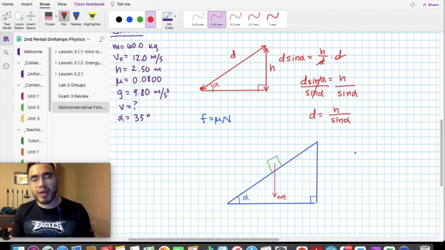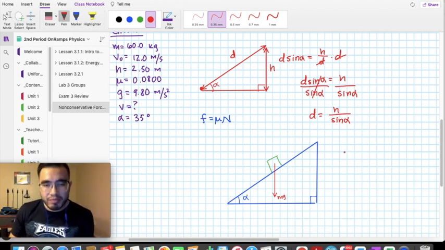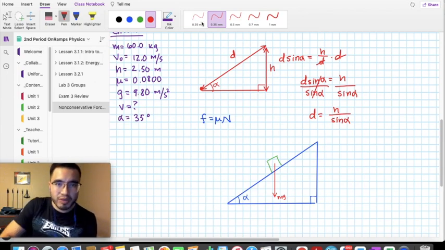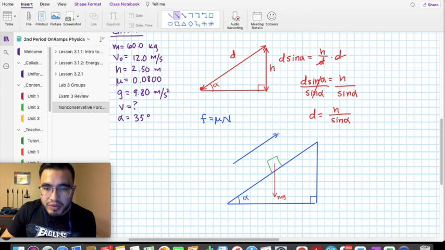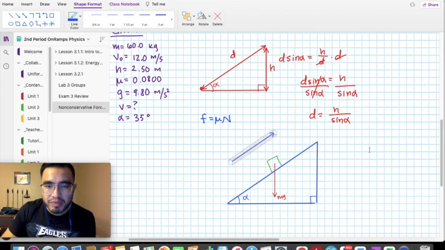Okay, and then we'll call that one mg, because that is the weight of the person. Okay, and then if they're going upwards, they're moving up, then the force of friction opposes the motion. So let's state the direction of motion. That's always a good thing to do. So the skier would go upwards, right? So that is the direction of motion.